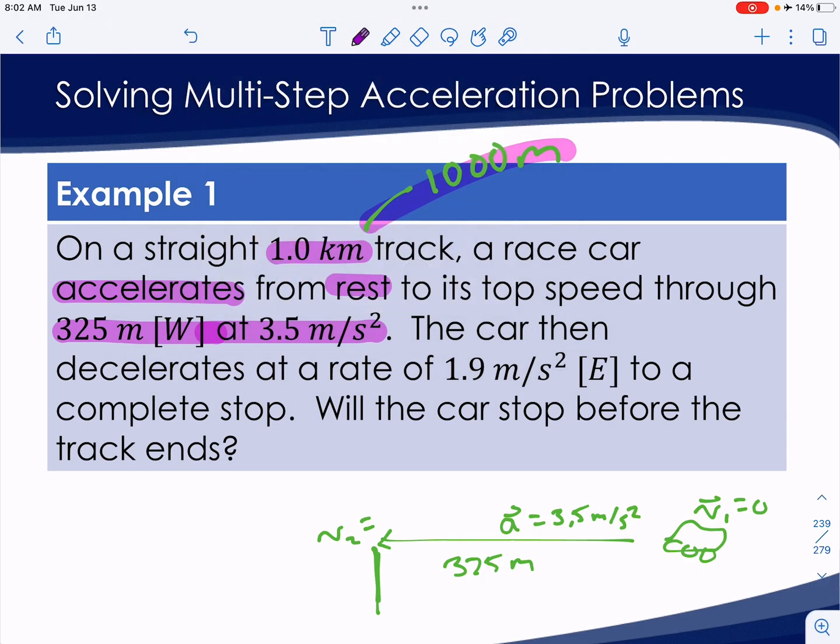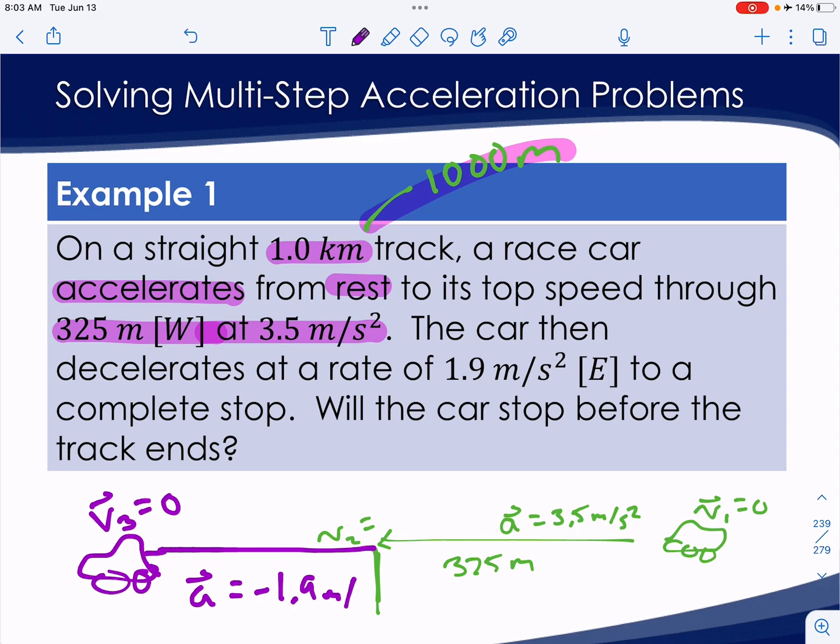And now it's still going to be going this way, but it's slowing down till it finally stops right here. So our V3 is 0, okay? And here in this portion, we know our acceleration is negative 1.9 meters per second squared.